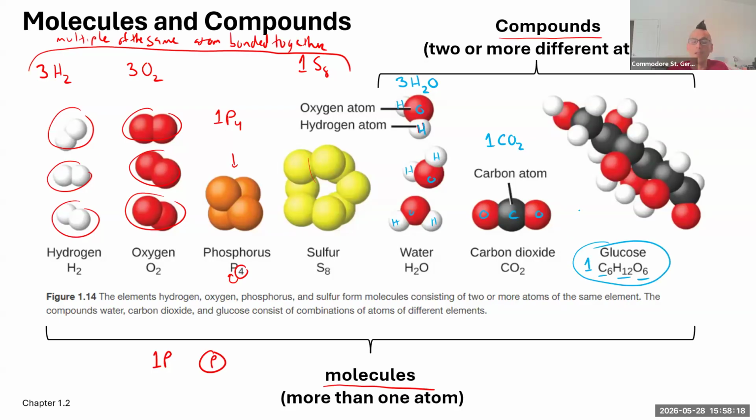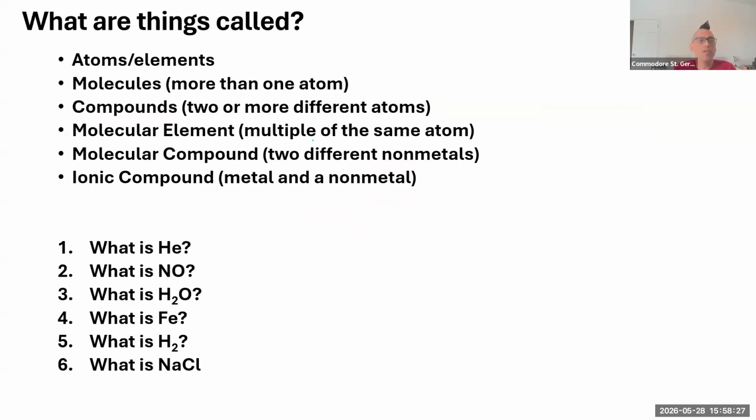When we talk about molecules and compounds and atoms, we have to know what we're talking about, and this is where we're going to get our information from. So what are things called? Atoms, elements. This is what we just covered. And I'm going to underline some stuff where you can see the similarities. Molecules, more than one atom.